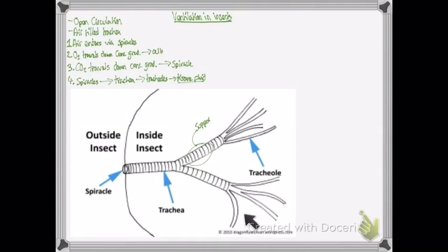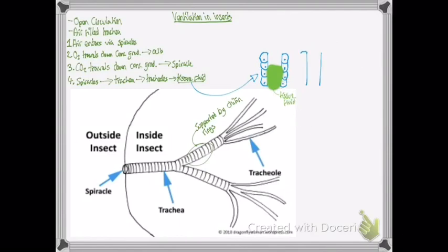Tracheal fluid is also called tissue fluid. So tissue fluid in the trachea is withdrawn into the body fluid to increase the amount of tracheal space exposed to air. One thing I didn't show you here is we've got rings of chitin to support the vessels, just like we have cartilage in our trachea, in the lungs.